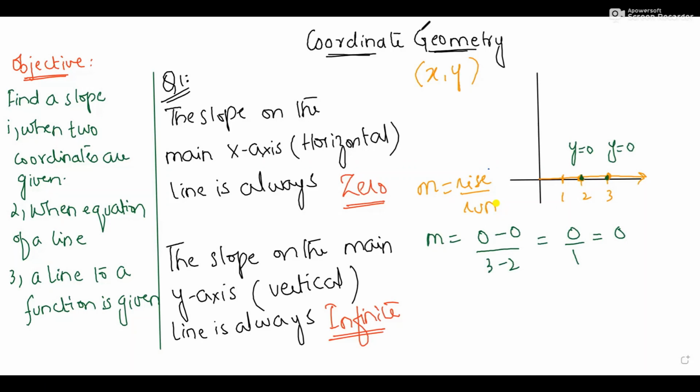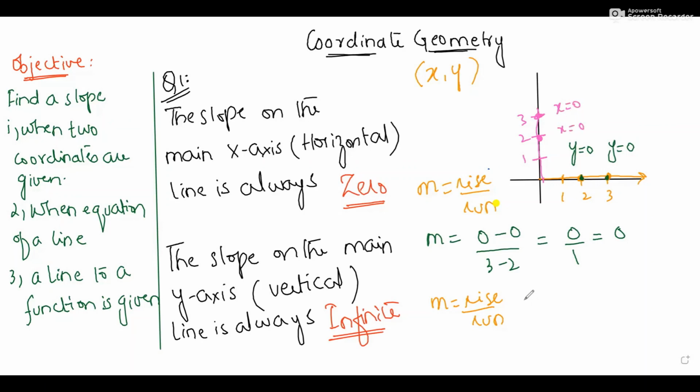Similarly, the slope on the main y-axis is always infinite. How? Same formula, m equals rise upon run. If we take the values on the main y-axis like 1, 2, 3 and so on, the value of x on the main y-axis is always 0.